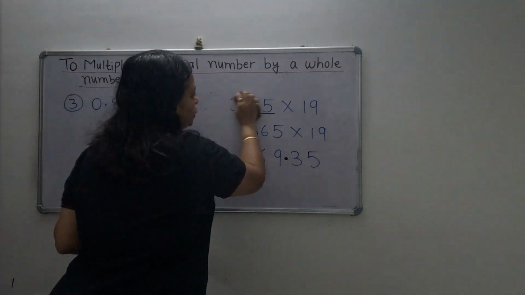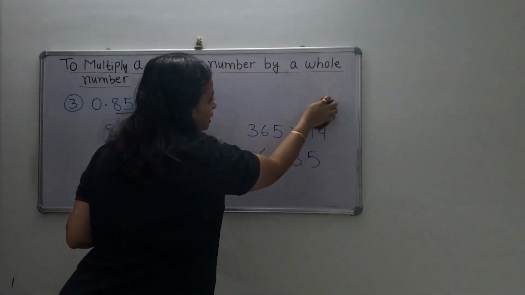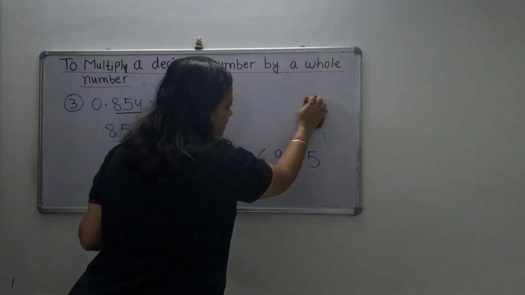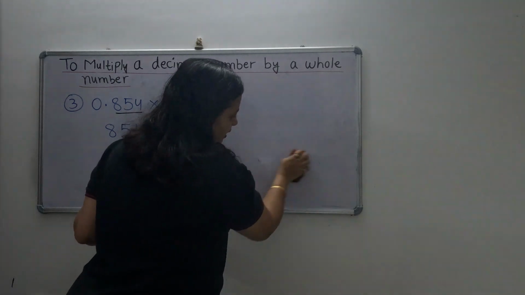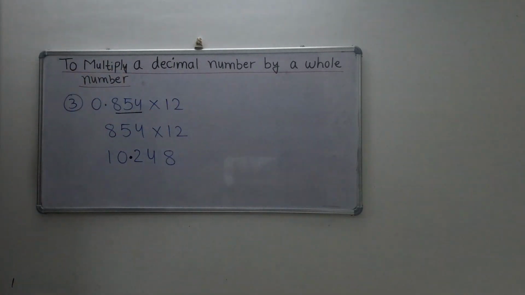Now come to the fourth example. A 0 added before a number has no value.